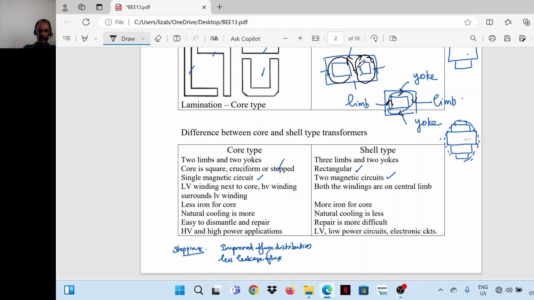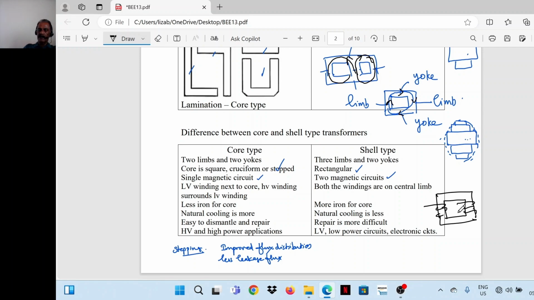Then the next point is that LV winding is next to the core, and HV winding surrounds LV winding. That means in core type transformer, normally while drawing it, we draw primary on one limb and secondary on the other limb. But in actual practice, half the primary is on one limb, and the remaining half is on the other limb.